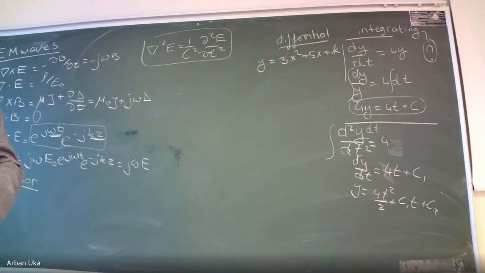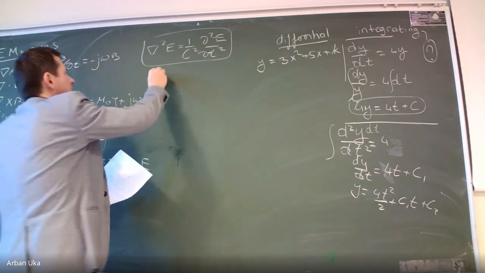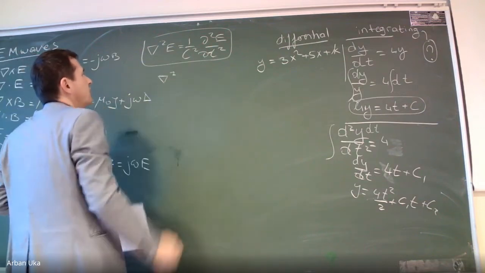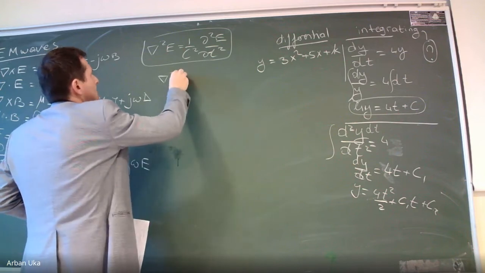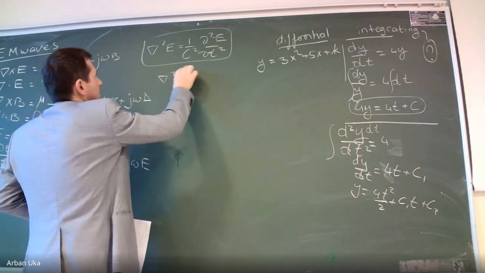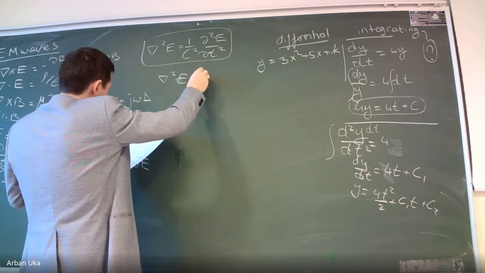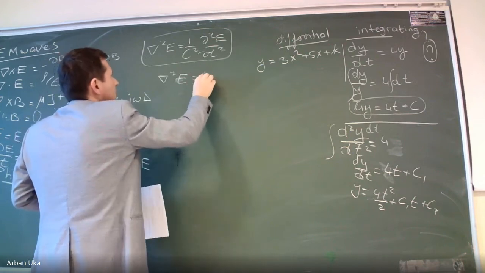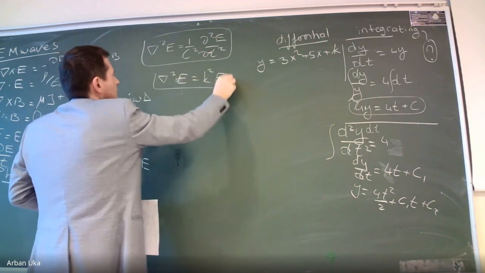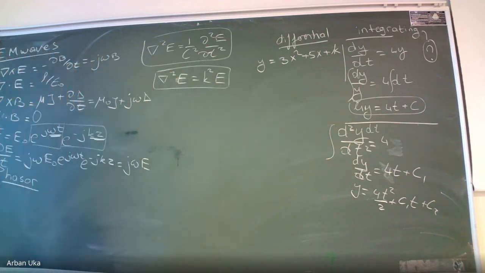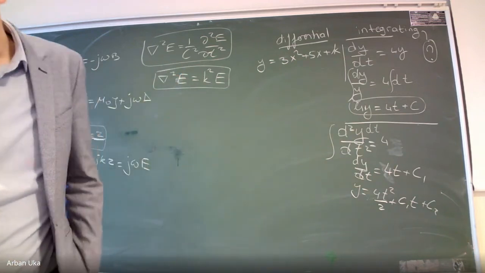So, for example, this simple equation can also be written in such a form. We can formulate this one also as k squared times E, because there is a relationship between the speed of light, which appears here, and this k.